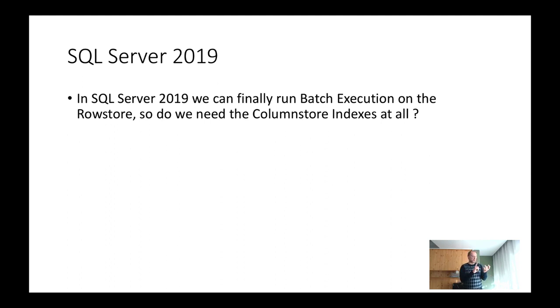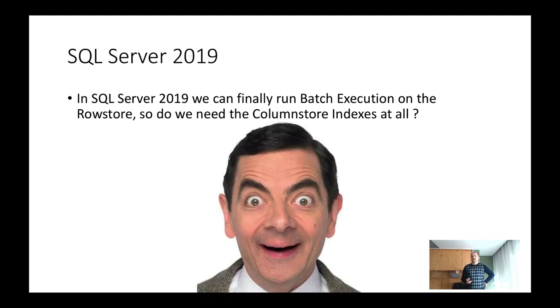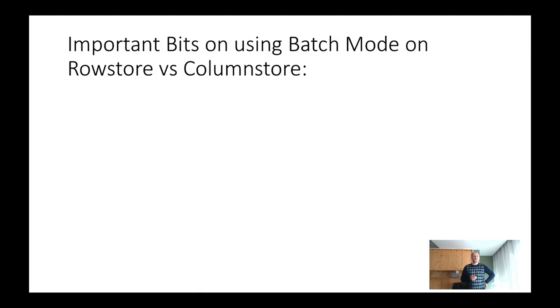I don't want to know anything about their fragmentation or maintenance. There are advantages and of course they have their problems. I will simply upgrade to 2019 when it's out, or I will use the Azure SQL database and I will have the batch execution mode on the Rowstore, right? Is it simple? Let's take a look at the details.